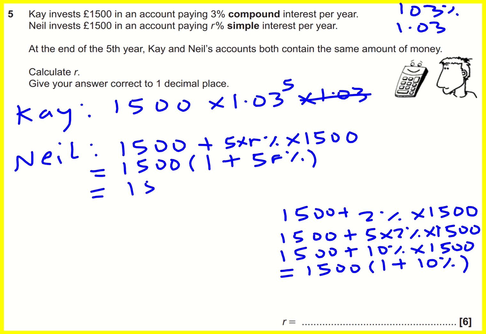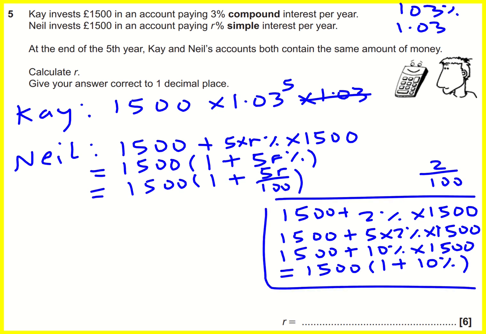In this case, when I have 2%, it would be 0.02 or 2 over 100. It's going to work in a very similar way here. It's going to be 1 plus 5r over 100. Okay, and I've created a formula for the simple interest.